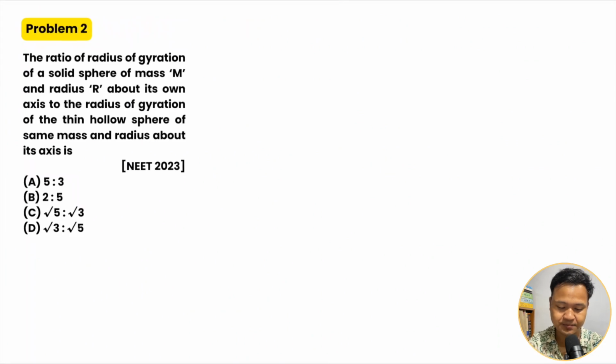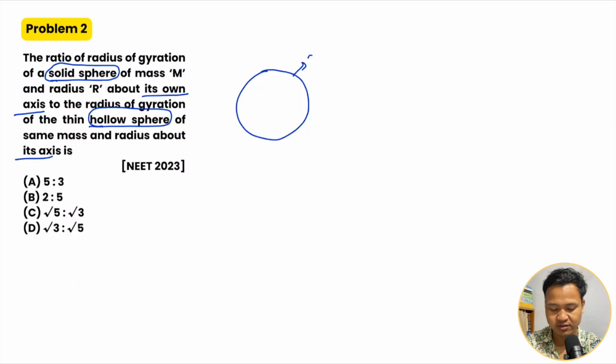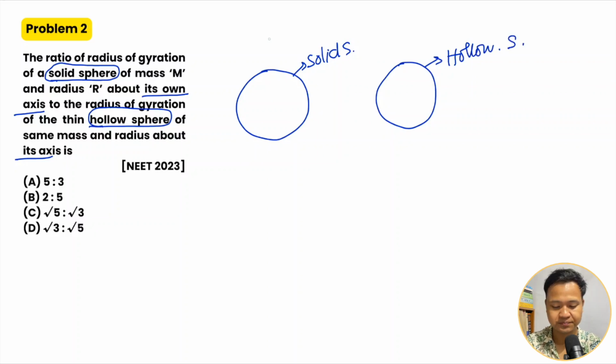Okay, next question. The ratio of the radius of gyration of a solid sphere about its own axis to that of a thin hollow sphere about its axis. Okay, so the solid sphere and the hollow sphere, both about their own axis.